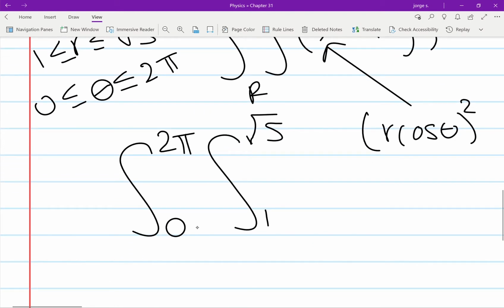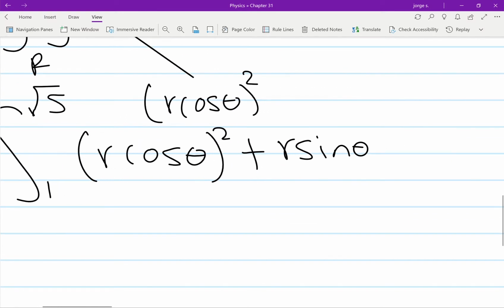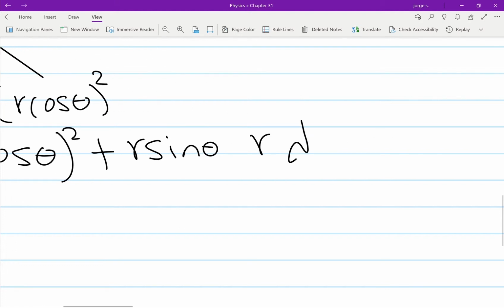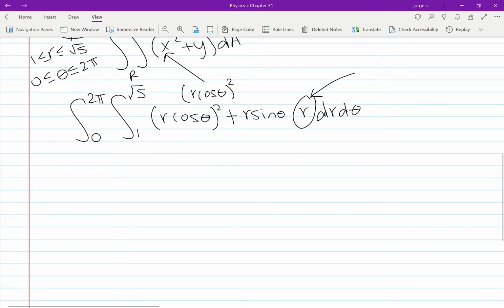So inside the integral, you will get r cosine of theta, and you have to add it to r sine of theta. Don't forget your extra r, and your dr d theta. So a lot of people forget this r, which messes up the entire problem. So make sure you don't forget that.